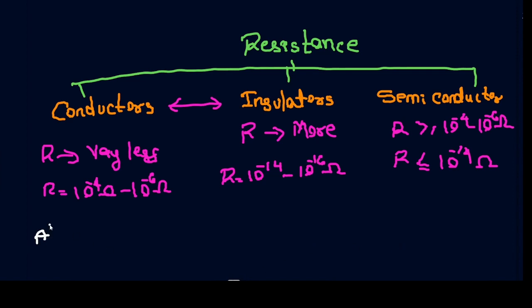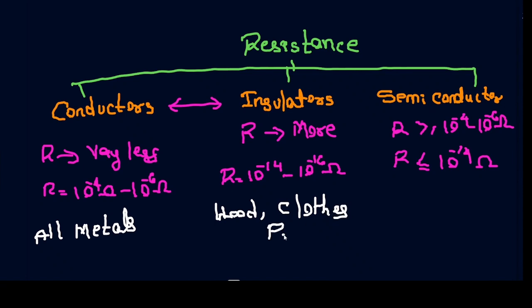And some examples of conductors: all metals. All metals are very good examples of conductors. Then what about insulators? For insulators, you can take wood, cloth, and paper. These are some examples of insulators. And also, the human body is a very good conductor.